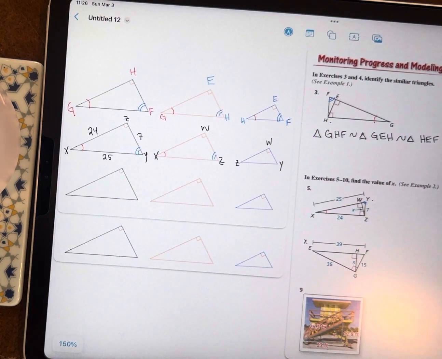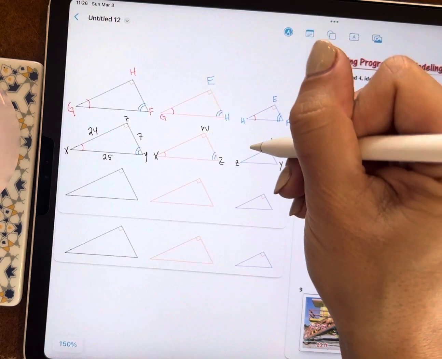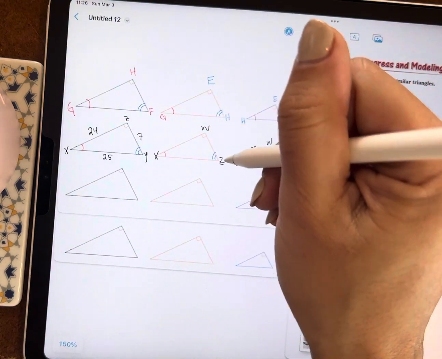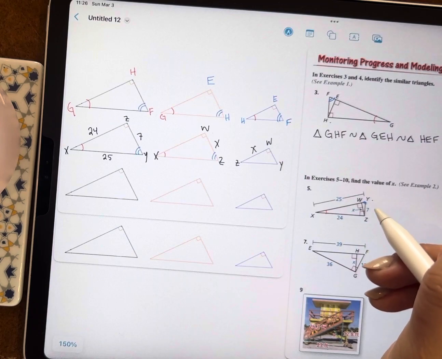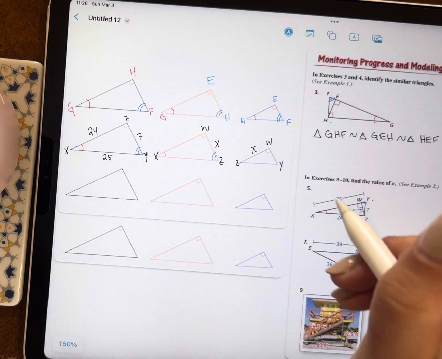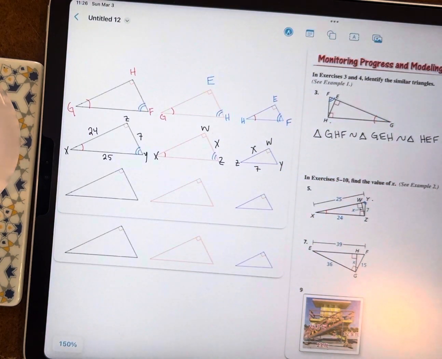Okay, let's go label the sides that we know. We know that WZ is x, and that's also WZ right here. We know that YZ is 7, and that's it. That's all we know.